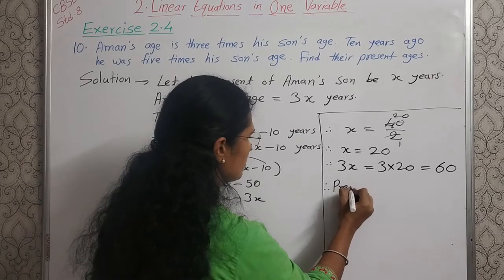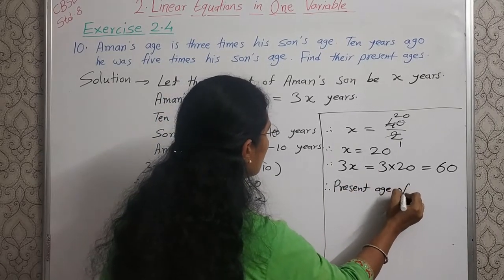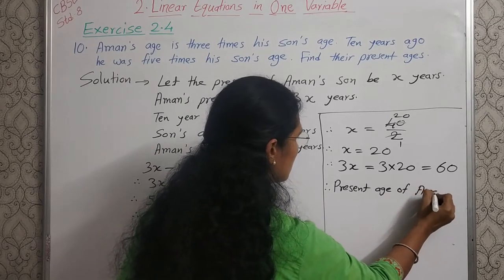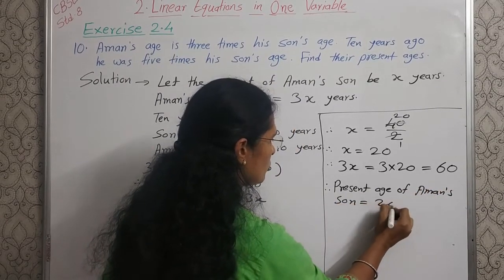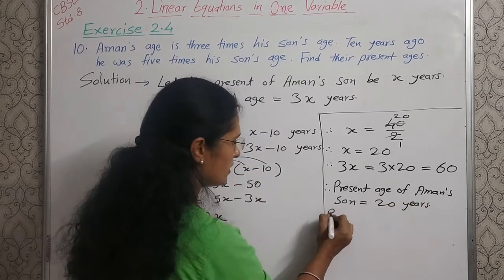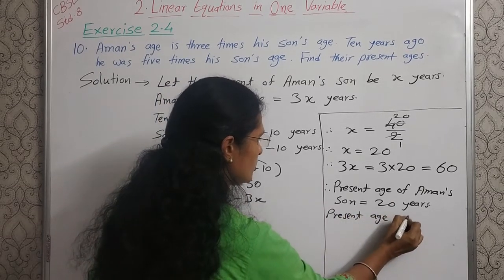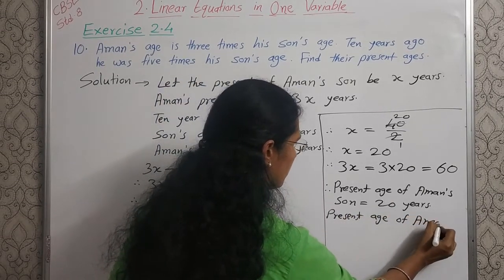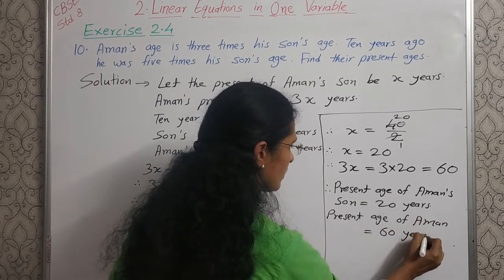Present age of Aman's son is equal to 20 years and present age of Aman is equal to 60 years.